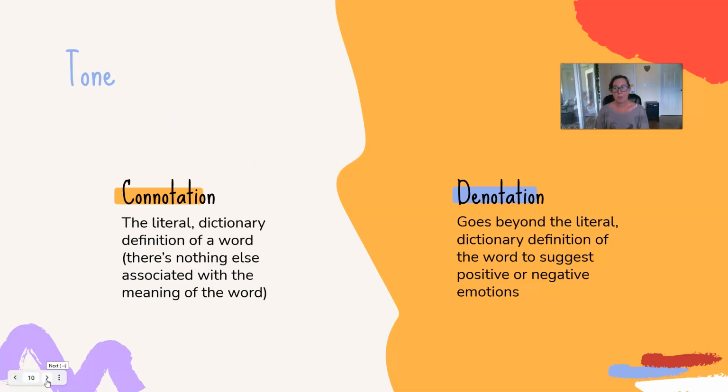When we think about tone, these two words are important: connotation and denotation. Connotation refers to the literal dictionary definition of a word, so there's nothing else associated with the meaning of the word, whereas denotation goes beyond the literal dictionary definition of the word to suggest positive or negative emotions.